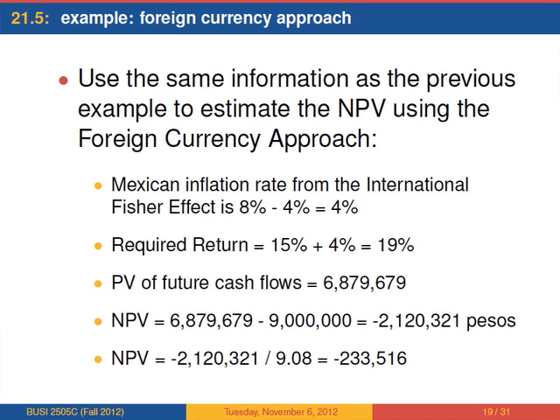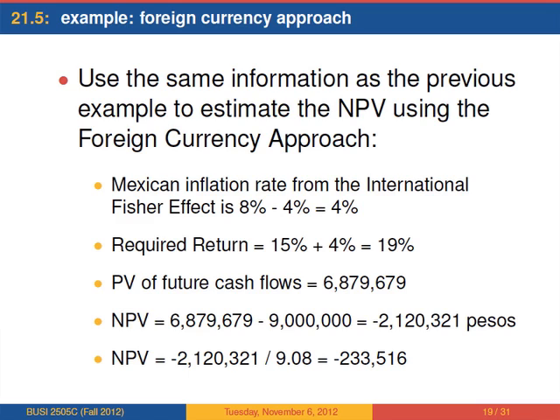And so the required return was 15% in Canadian dollars, but because the Mexican peso has a higher inflation rate, the proper return to use when you're discounting Mexican peso cash flows is 19%, not 15%. So it's whatever the home return is plus what the foreign inflation is.